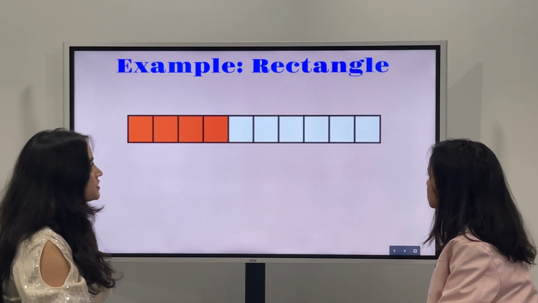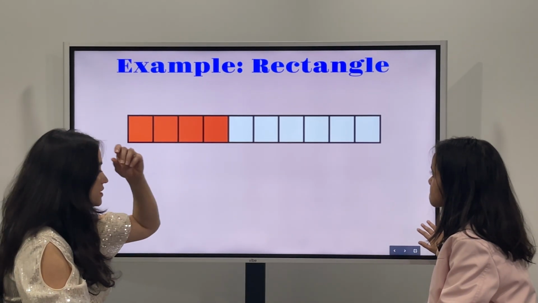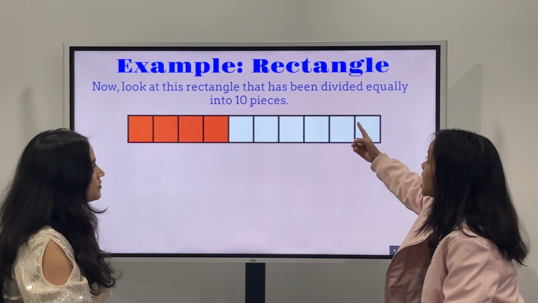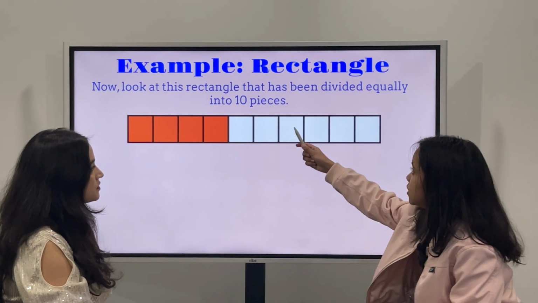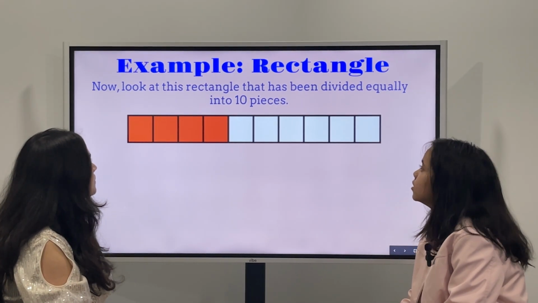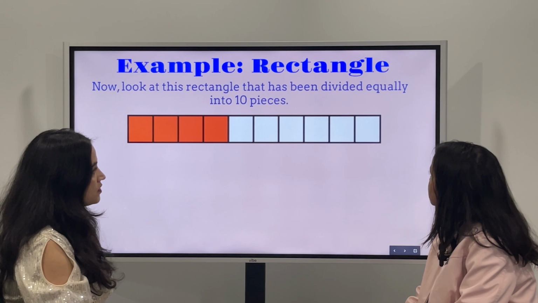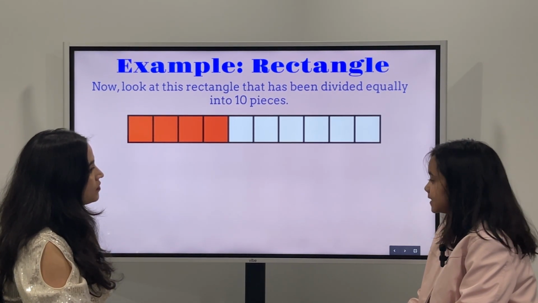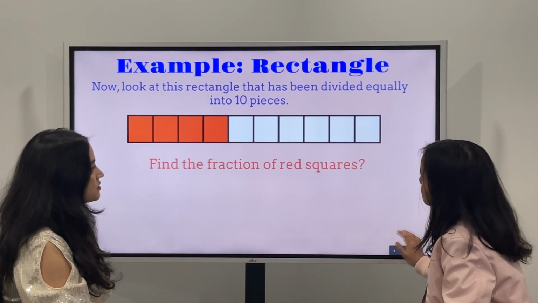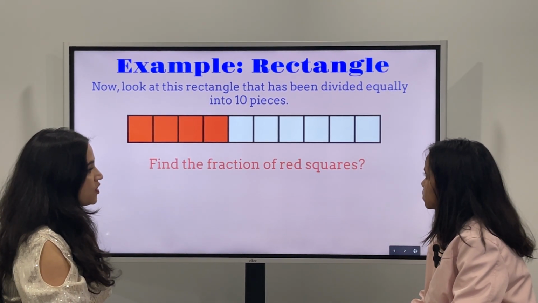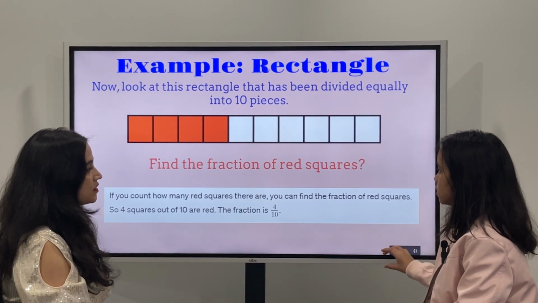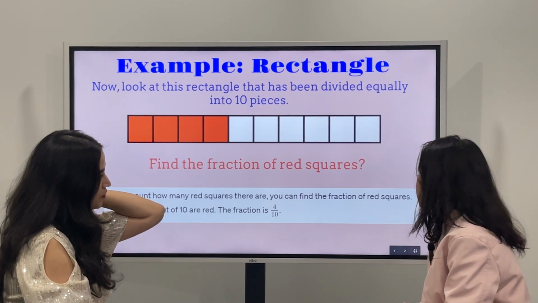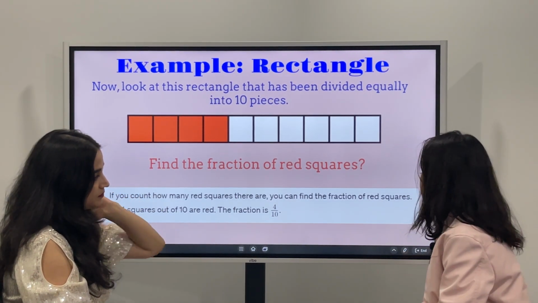Example, rectangle. How many total boxes here, Nina? 10. Okay, can you please write it down? 10. So now look at this rectangle that has been divided equally into 10 pieces. Next. Find the fraction of red squares. So what will be the fraction? 4 out of 10. Can you please explain, Lina? How can we get the fraction for the red squares?